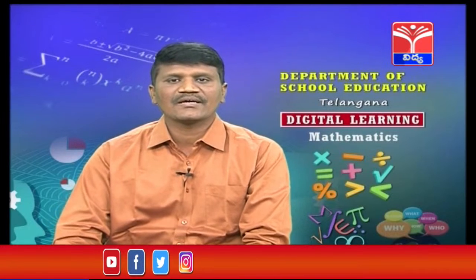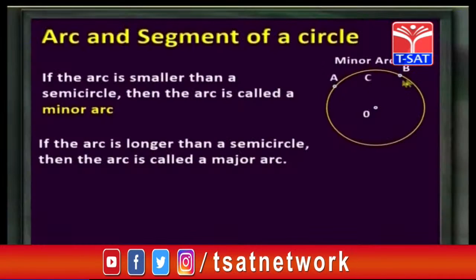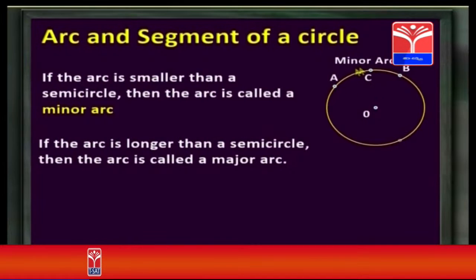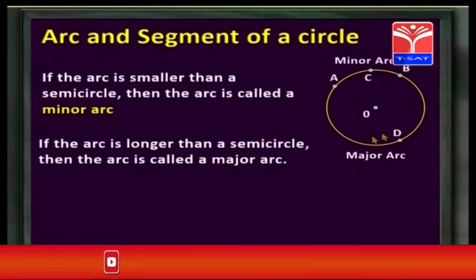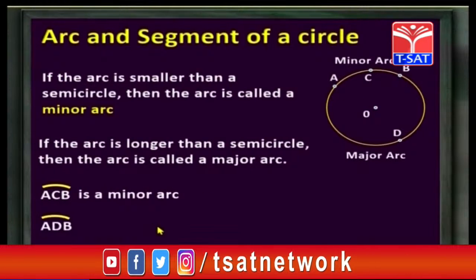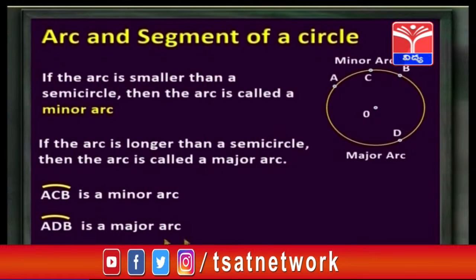That depends on the size of the arc. In this figure AB is a minor arc, and if I mark a point C here, ACB will be a minor arc, and if a point D is here, ADB is a major arc. So, in this circle ACB is a minor arc and ADB is a major arc.